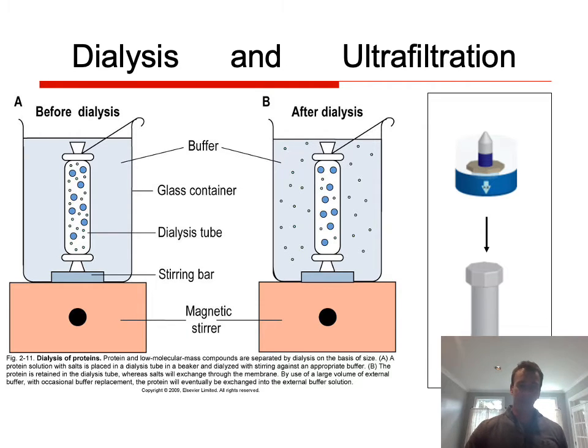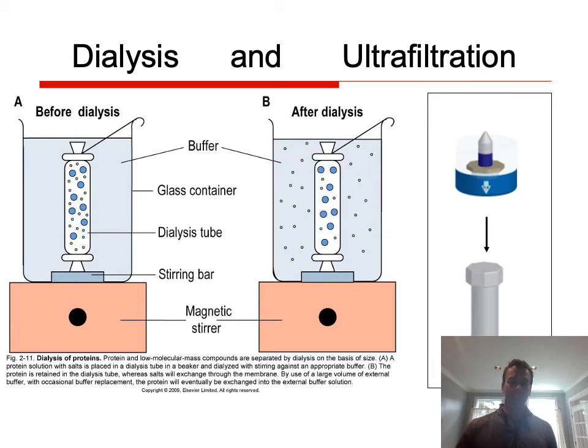For example, your protein are these big blue dots, and then you can have smaller proteins and small molecules that are these smaller dots. This membrane has a specific molecular weight cutoff, so you can buy these in different molecular weight cutoffs, ranging from I think 1,000 Daltons up to 300,000 Daltons or so.